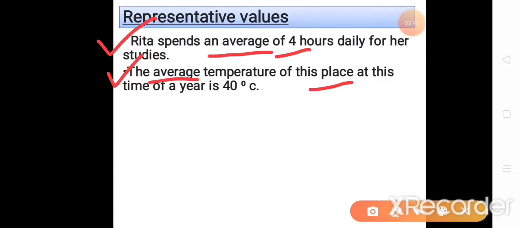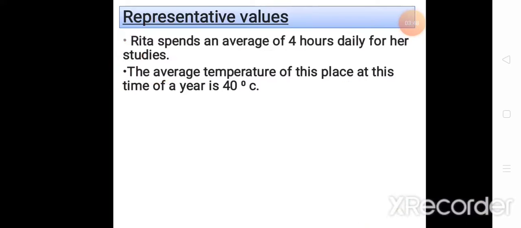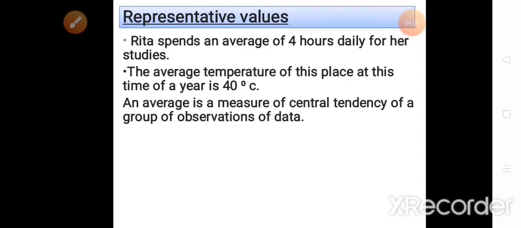It keeps on fluctuating nearer to 40 degrees Celsius. So average gives us the whole picture of the area we are working on. Therefore, an average can be regarded as a measure of central tendency of a group of observations of data.